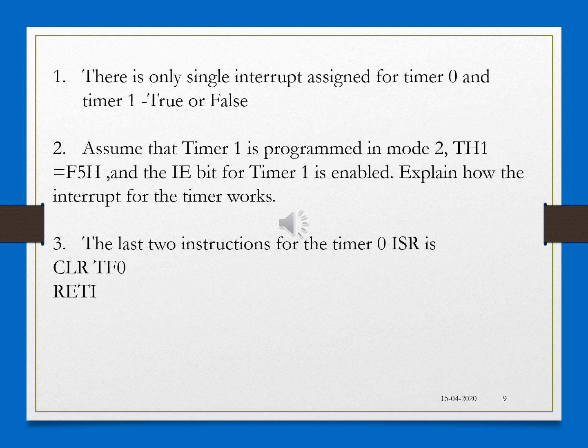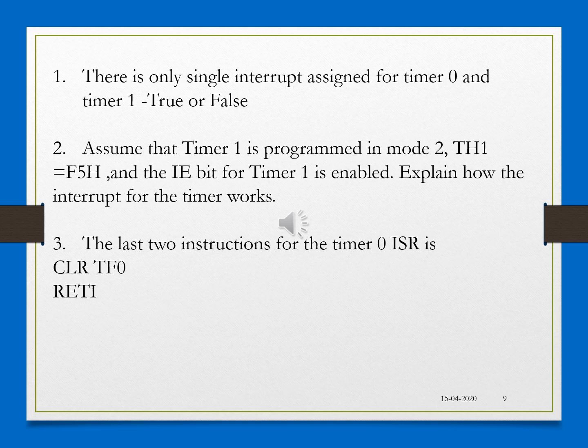The microcontroller halts whatever it is doing and goes to the memory location of the ISR for timer 1, which is location 001BH. It goes to that location and executes the particular ISR. That is how the interrupt for the timer works.